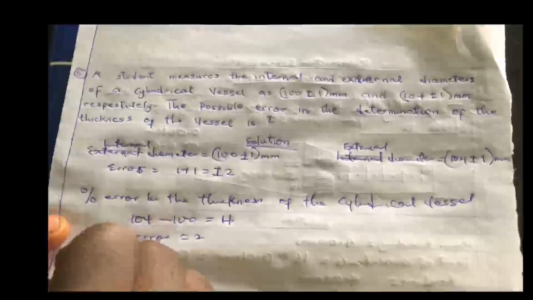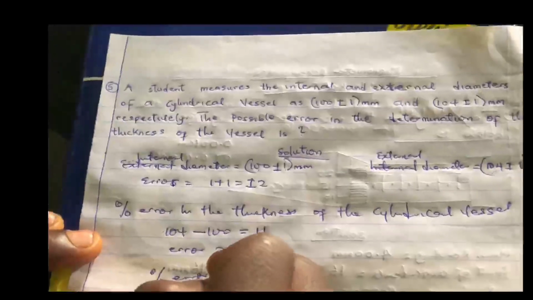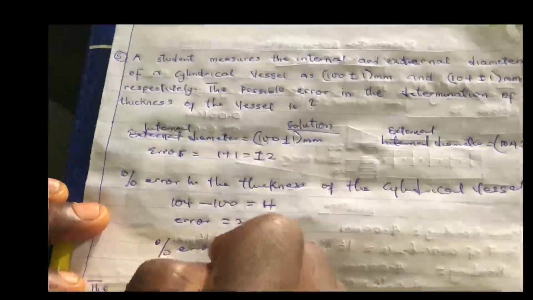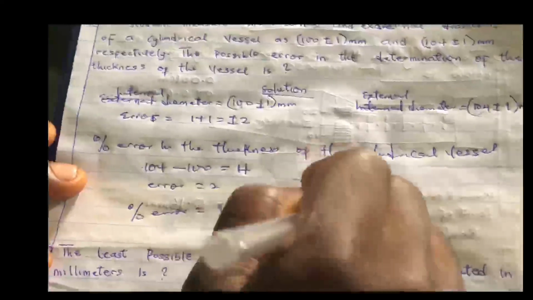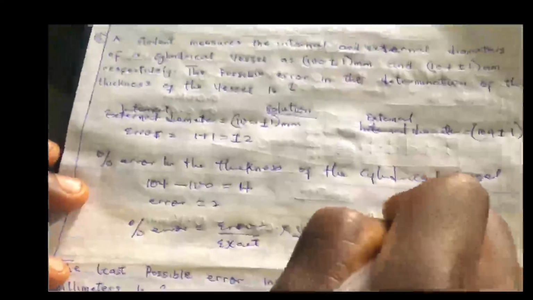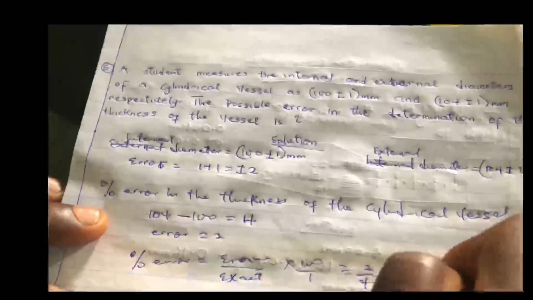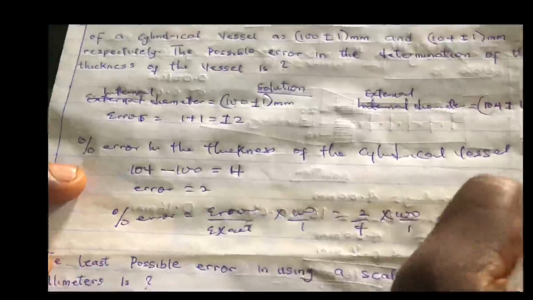Percentage error is error over exact times 100 over 1. That is 2 over 4 times 100 over 1, which is 1 over 2 times 100 over 1, which is 50%. It means the percentage error in the thickness is 50%.